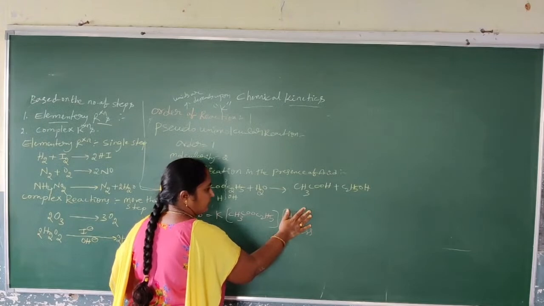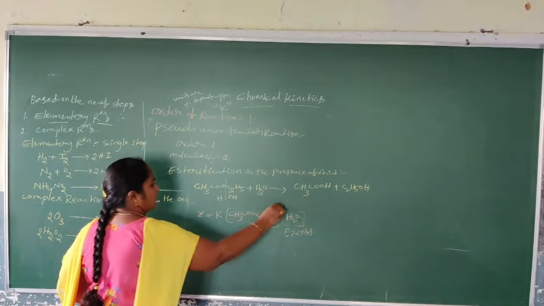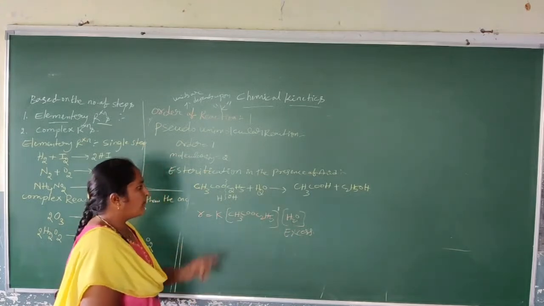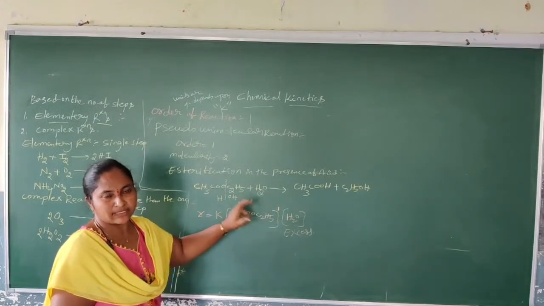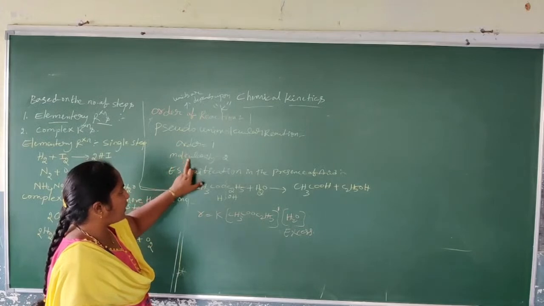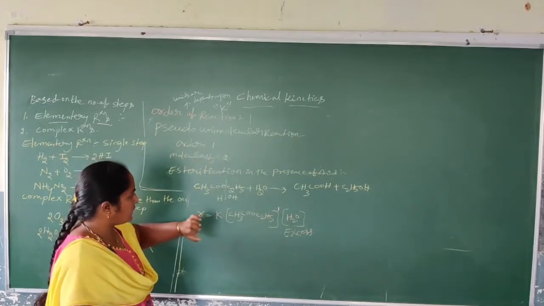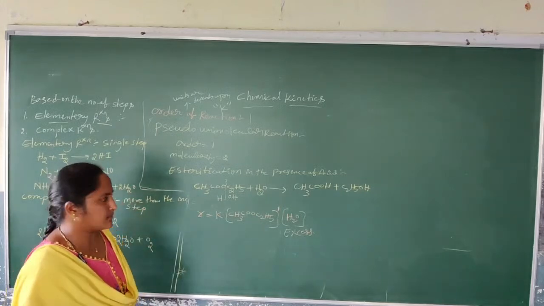So the order of the reaction is 1. But how many molecules are participating here? Two molecules are participating, so it is bimolecular. Order of reaction is 1, but molecularity is 2. So it is an example of a pseudo unimolecular reaction.